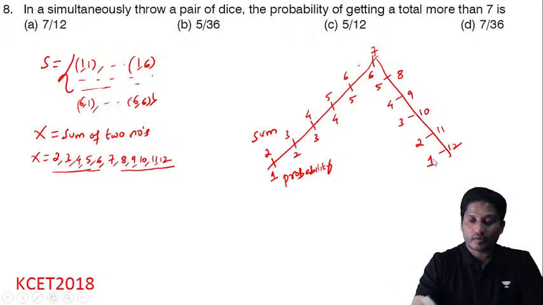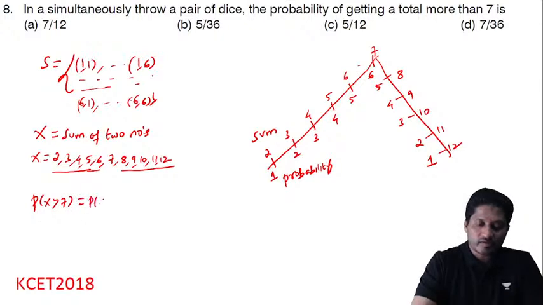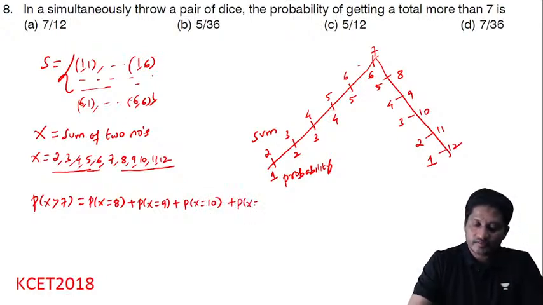I want the probability of the sum being more than 7, P of x more than 7. More than 7 means x is equal to 8 plus x is equal to 9 plus x is equal to 10 plus x is equal to 11 plus x is equal to 12.